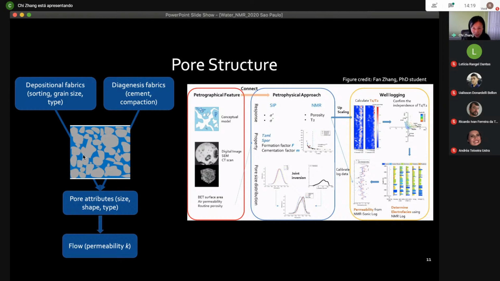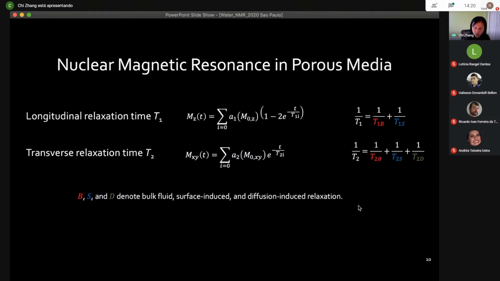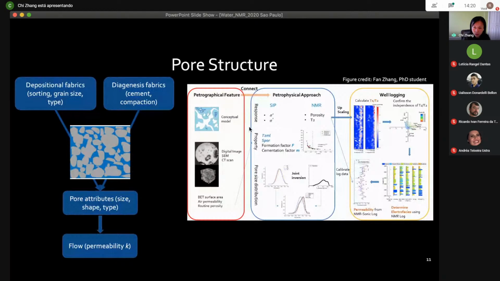distribution of the permeability. This is a figure generated by my PhD student, Fan. Sorry about this. This gives a general idea of how we're trying to link everything together.